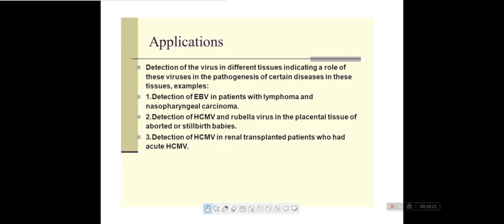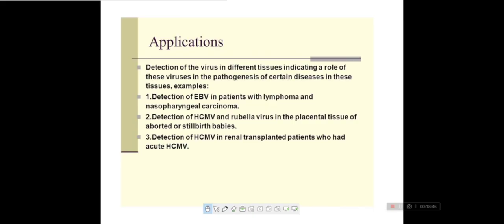Detection of viruses in different tissues, indicating a role of this virus in the pathogenesis of certain diseases in this tissue. Example: detection of EBV in patients with lymphoma and nasopharyngeal carcinoma. These are detected by using immunohistochemistry.